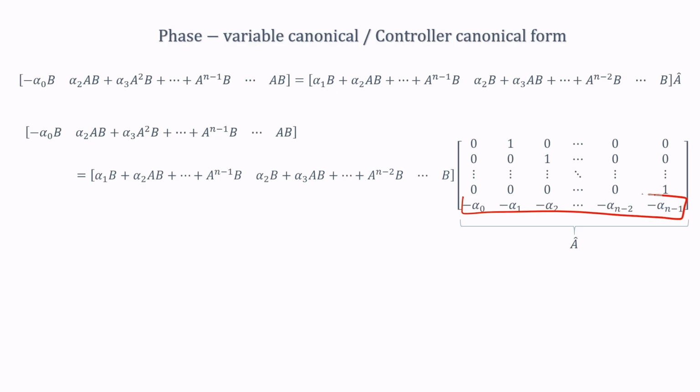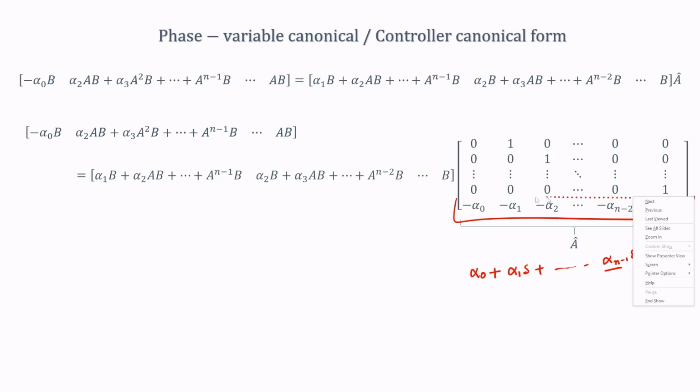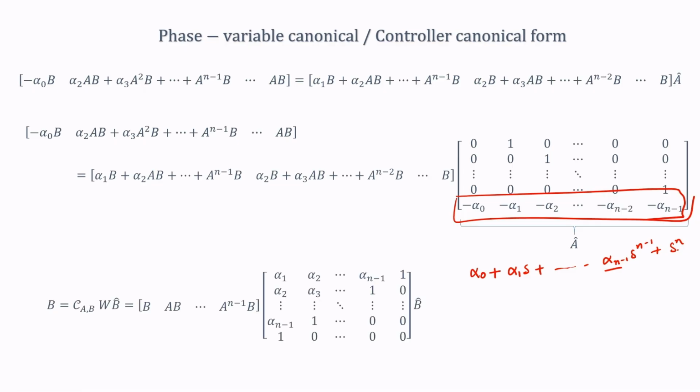The last row here depends upon the coefficients of the characteristic polynomial. This was the characteristic polynomial of A, right, and the last row here is nothing but the coefficients of the characteristic polynomial. Okay. So, my A hat is in this nice form now.